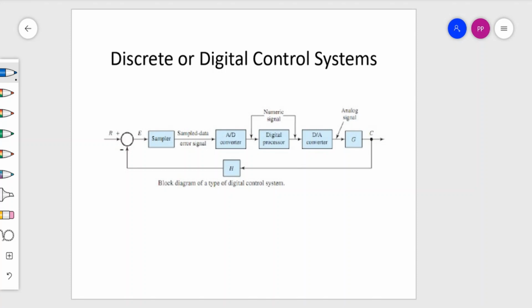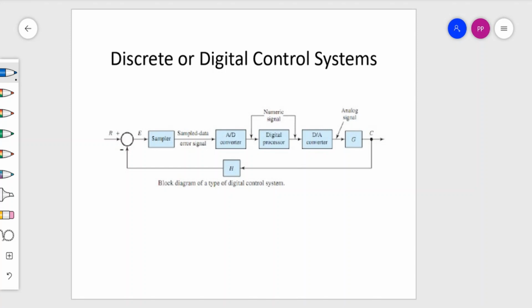The output of the sampler will go into an analog to digital converter. The purpose of it is that the output is sampled, so the signal is held for some time so that it does not change with time. Once it is held for some time, you can operate on this information.